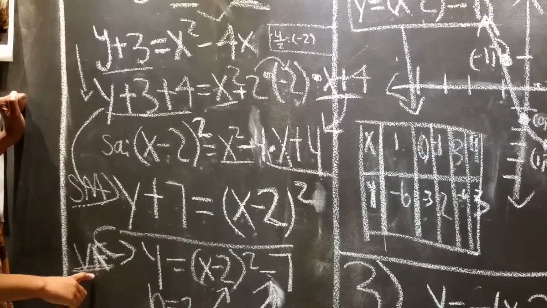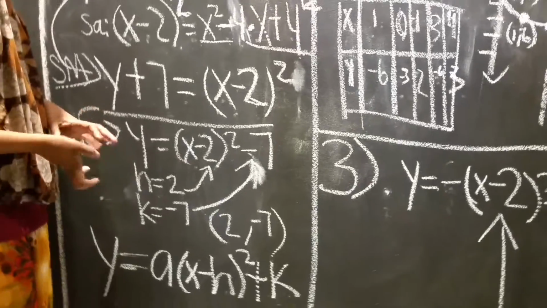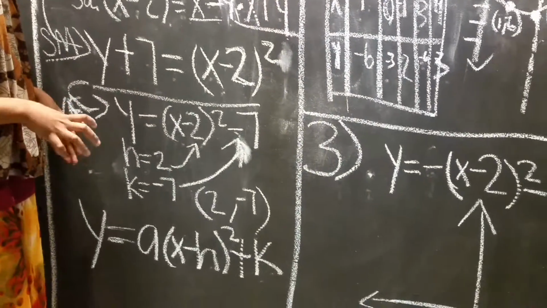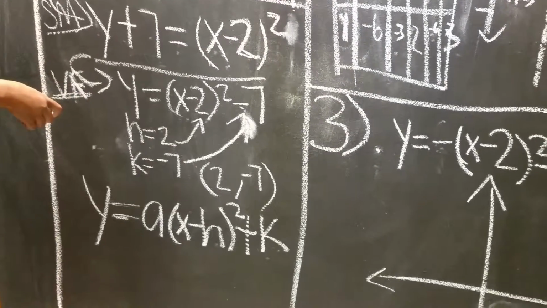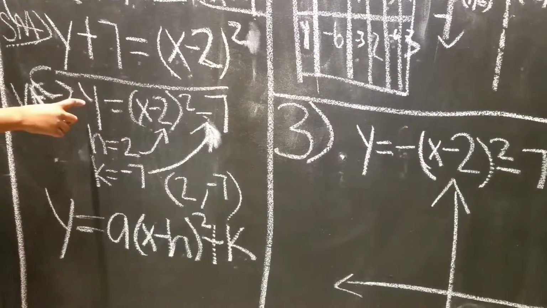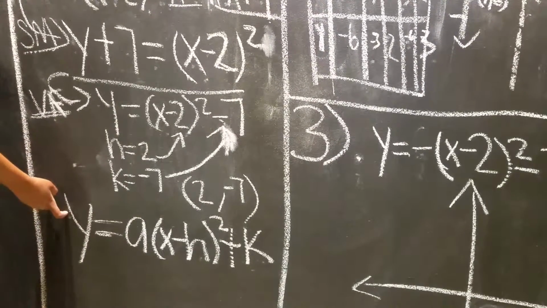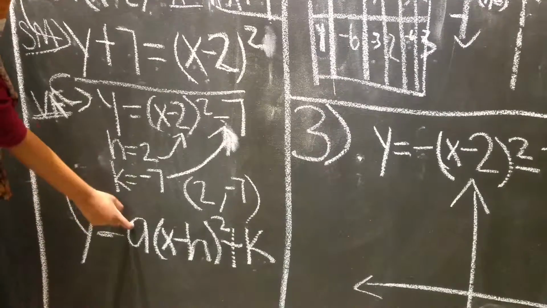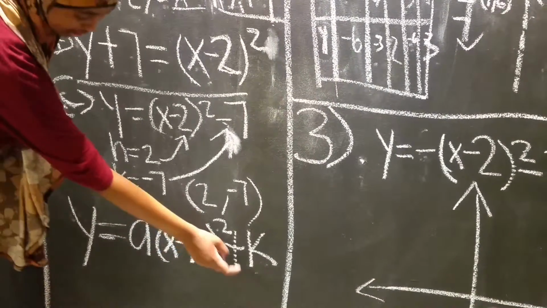And now we have to put it in vertex form, using this equation: y equals a, parentheses x minus h squared plus k.